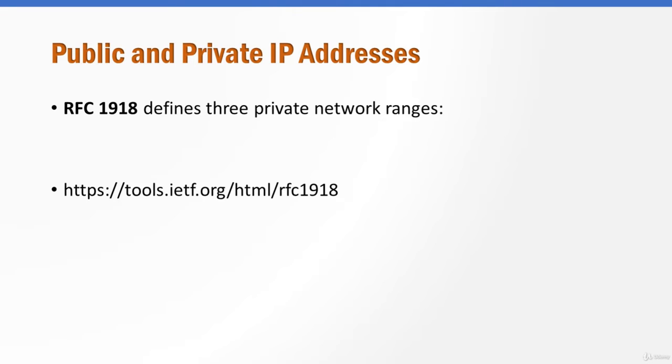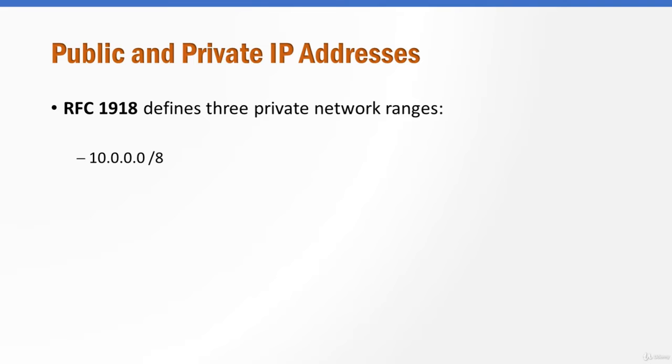So the 3 ranges are 10.0.0.0/8. Of course, we've learned in the previous lessons what this means. So pretty much all of the addresses that have 10 in their first octet are part of one of these 3 private network ranges defined in this RFC.